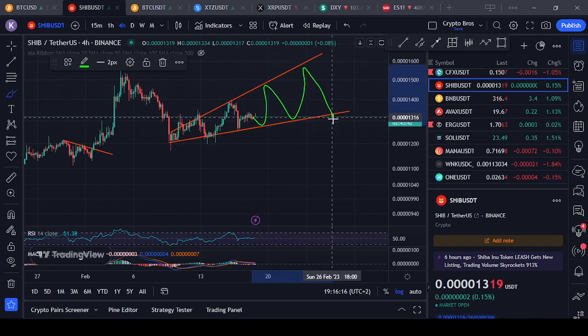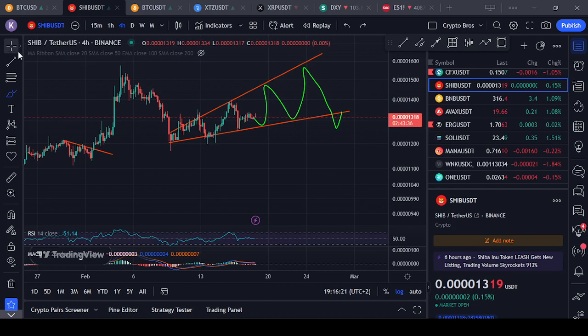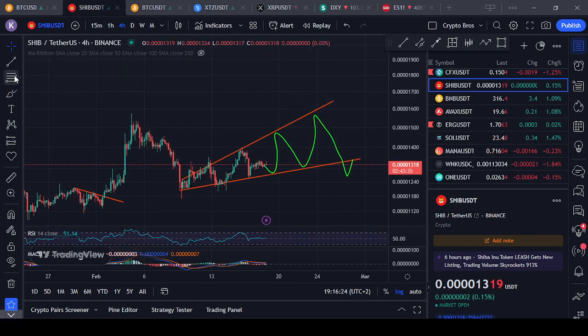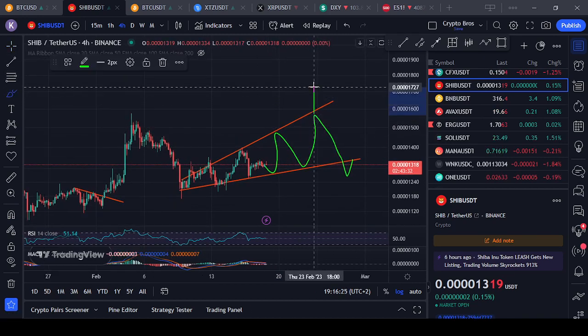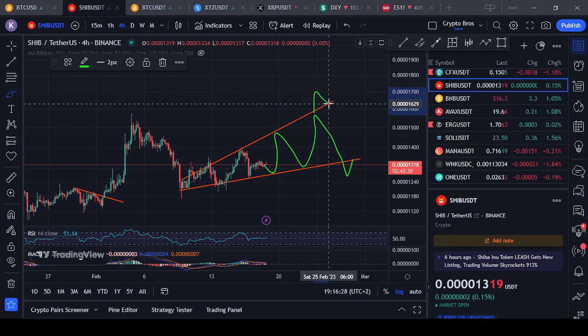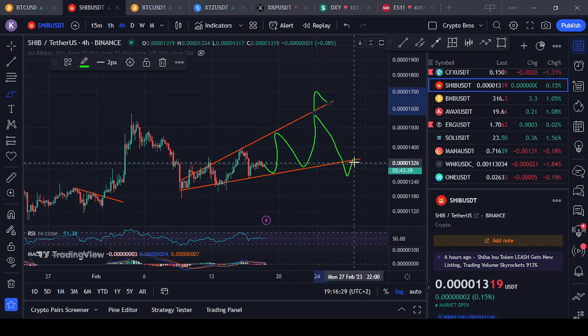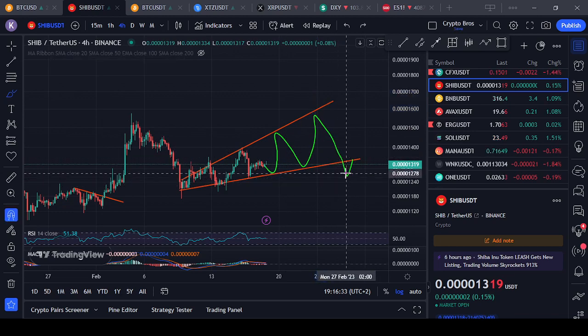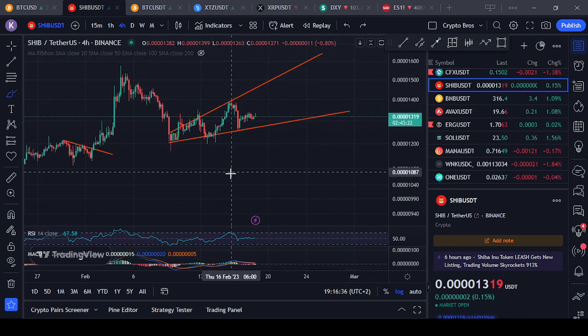I will wait either for a break to the downside and retest, scenario 1, or I would want to wait for the price to break to the upside and retest. Those are the areas where I would open any position, buy or sell.